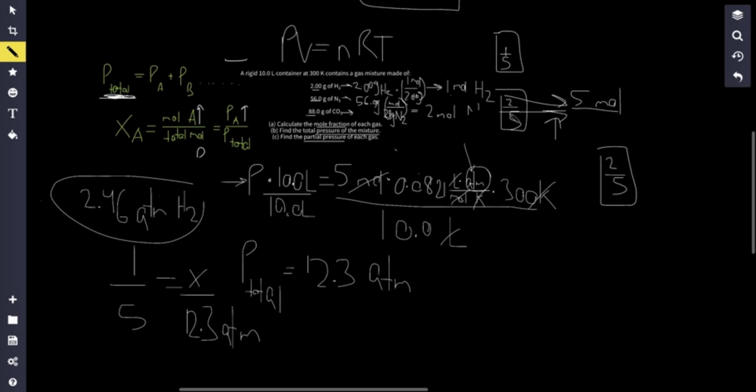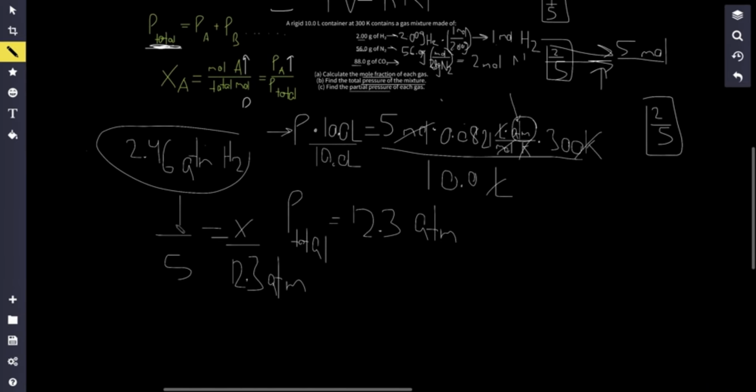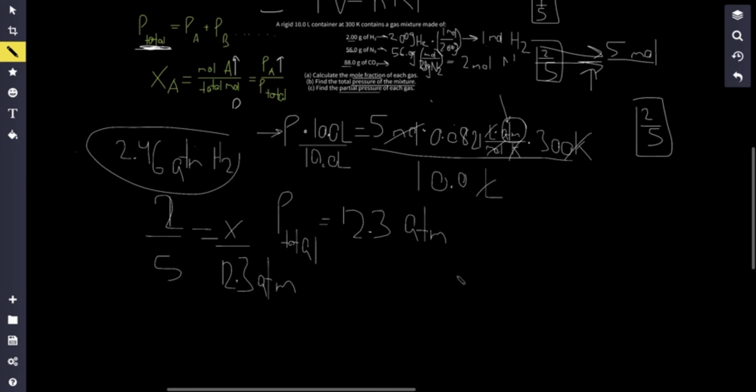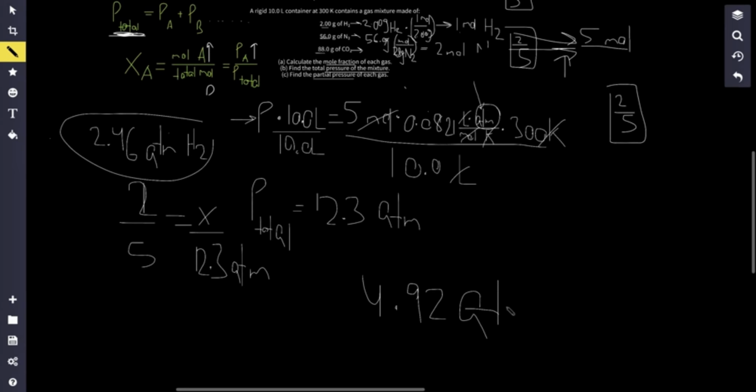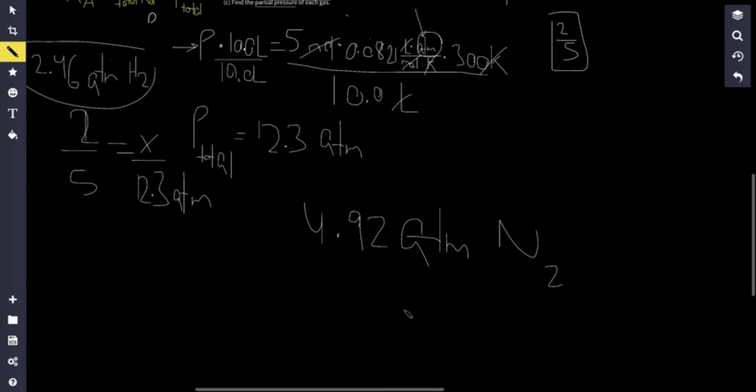And we have 2/5 here. So we do pretty much the same setup, except that we have 2/5. And after that, when we solve this, you should get 4.92 ATMs. You should get 4.92 ATMs for both nitrogen, N2, and CO2.